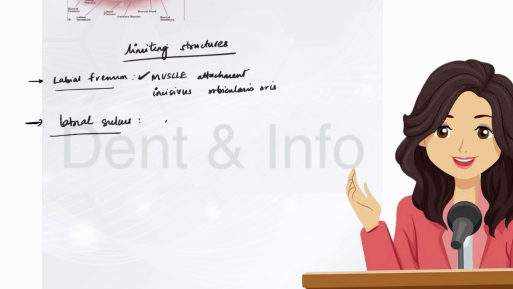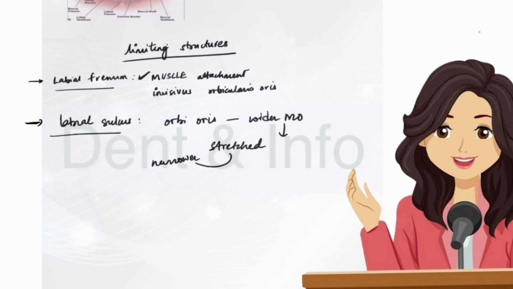When there is wider mouth opening, orbicularis oris will be stretched and the sulcus will become narrower. So we need to do a very good functional movement so as to attain a good peripheral seal in this area.